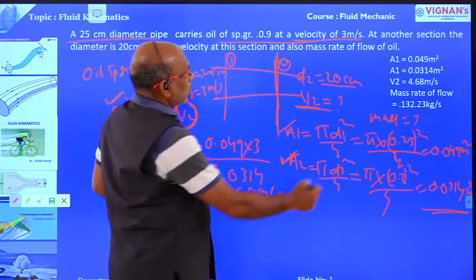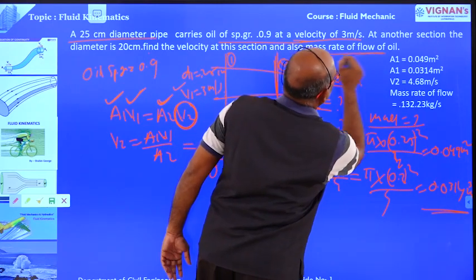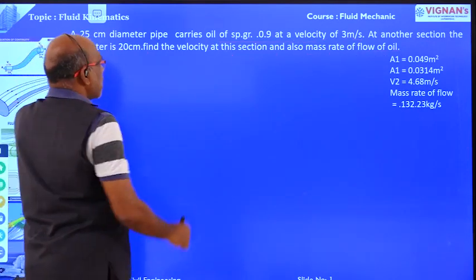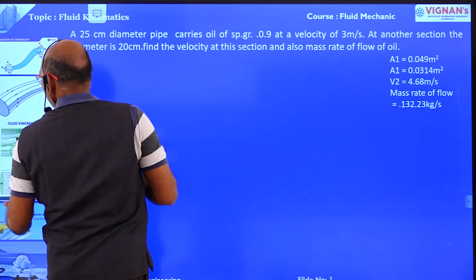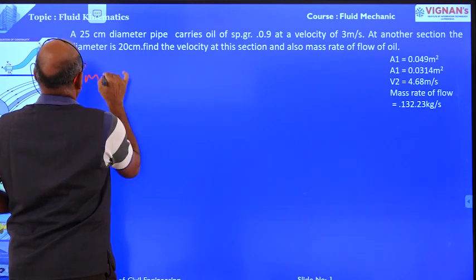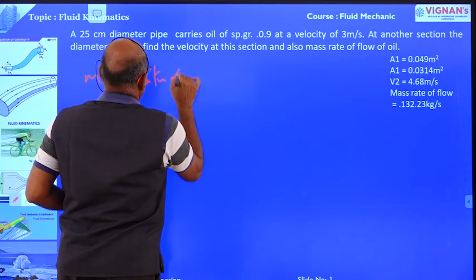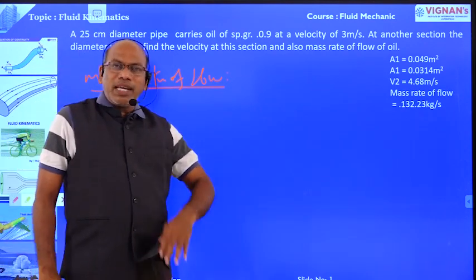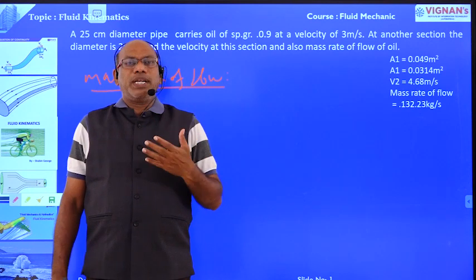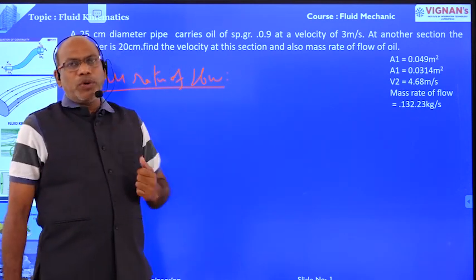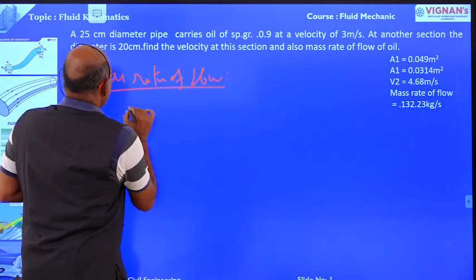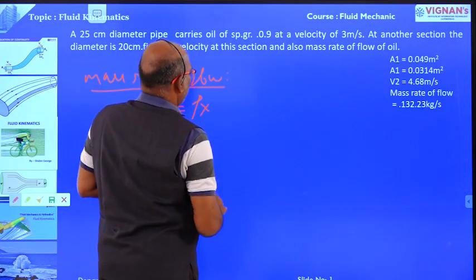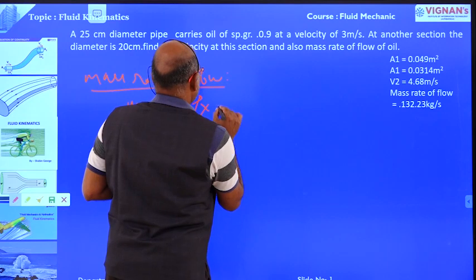Right? They have asked one more question. What is the mass rate of flow? Mass rate of flow of oil, that we are going to determine here. We know one standard formula: mass equals density of the standard liquid into volume or discharge.